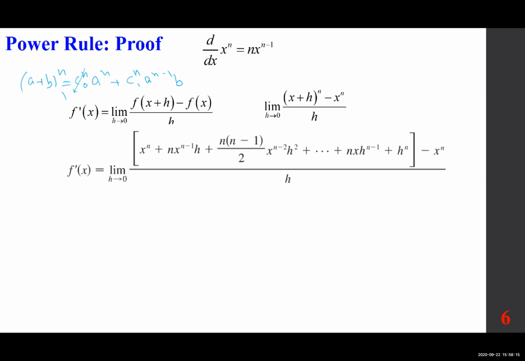And I'm going to put to the power of 1, although I don't have to, just to make a point: they add up to n, their exponents. Cn2 a to the power of n minus 2 b squared, and all the way to the last one, Cnn a to the power of 0, b to the power of n.